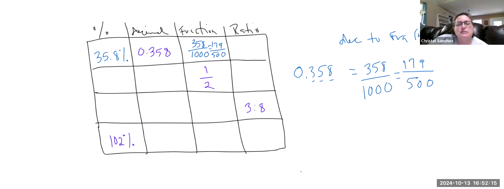So the ratio, y'all, all you're going to do is take your fraction, take the top number, put a colon, and then the bottom number. And that's it. Did I lose anybody?